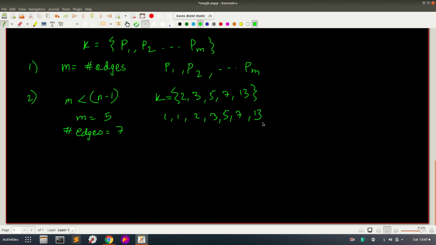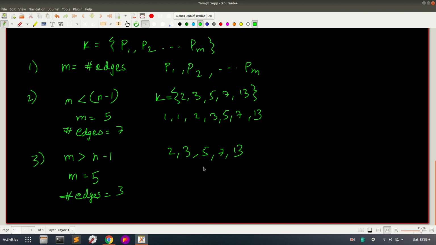So these are the values that we should use to allocate in the case where m is greater than n minus 1, and let's say m is equal to 5 and the number of edges is equal to 3. Let's take the same example as the previous one where the number k is the product of the prime numbers 2, 3, 5, 7 and 13.